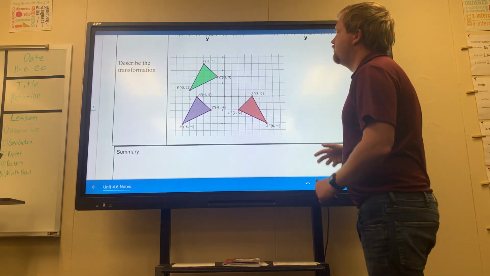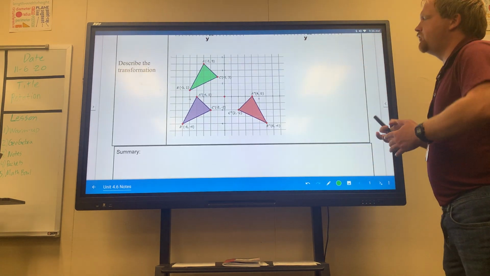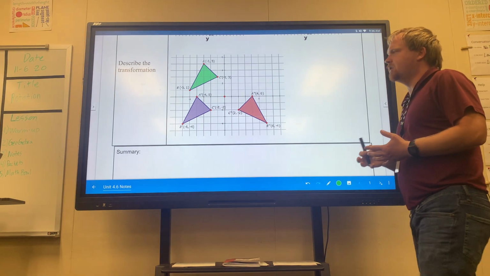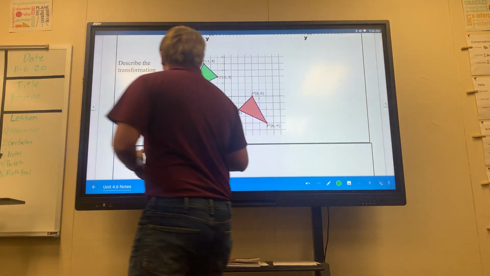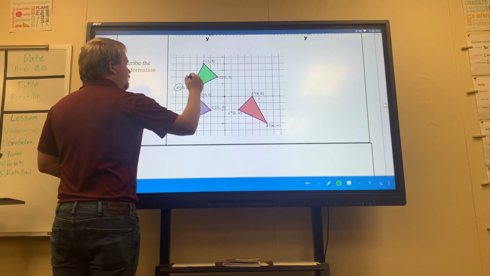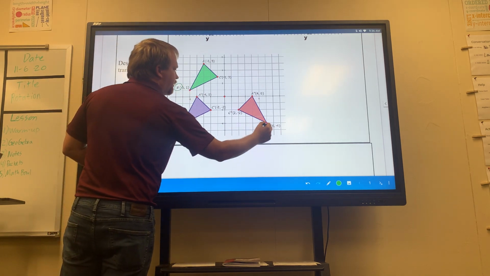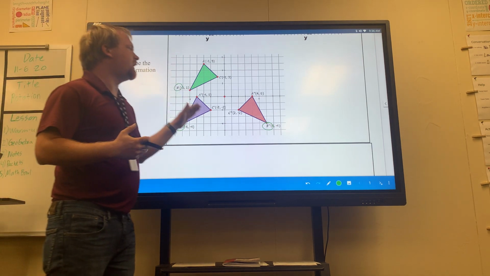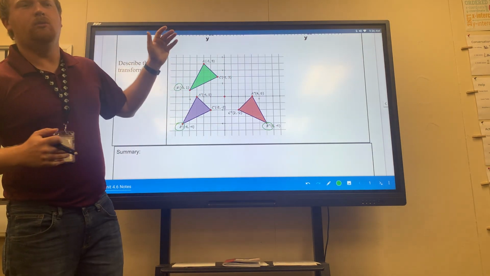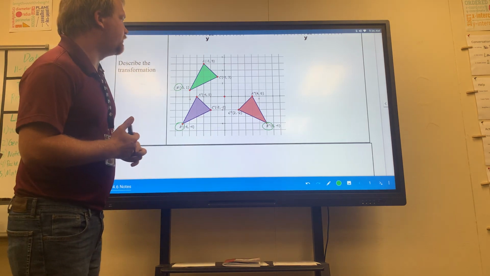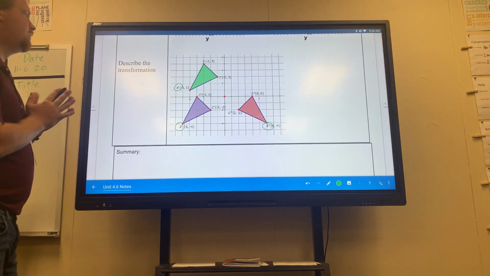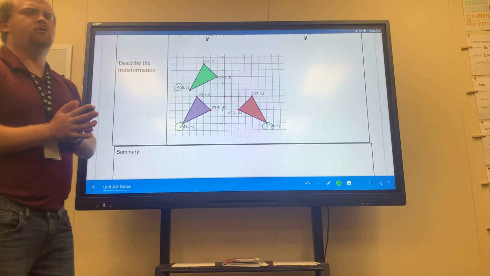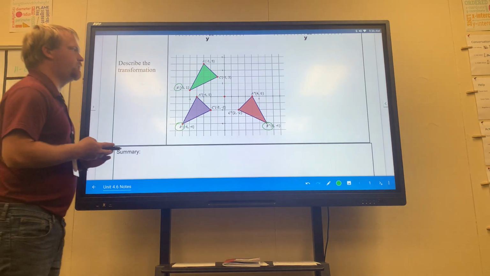Next, we want to describe the transformation. This one's going to be a little easier because we have B, B prime, and C prime, so at least we have the map showing us the direction. Just by looking at it, do we know if it's similar or congruent? Let's find out the transformations.